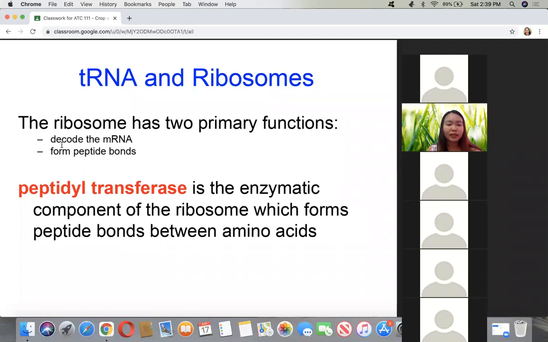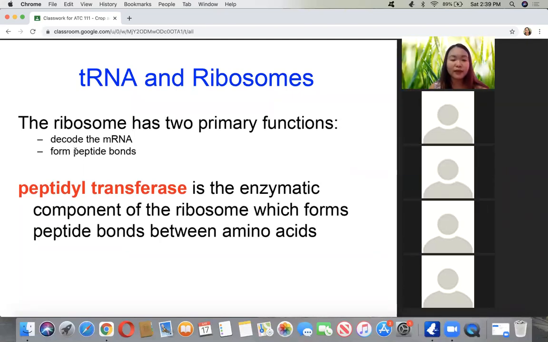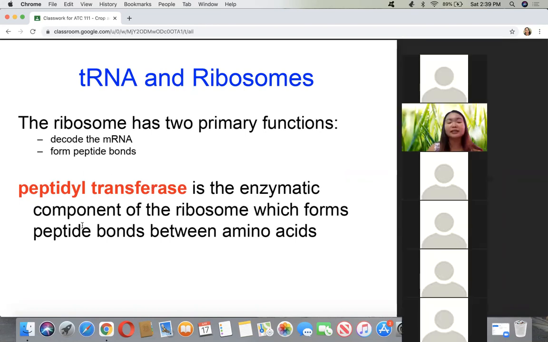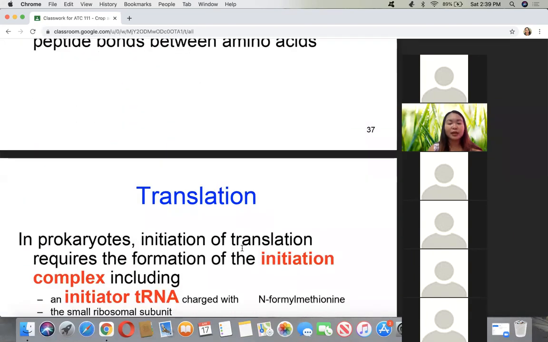So the ribosome has 2 main functions: it decodes the mRNA and also forms the peptide bond. Peptidyl transferase, as I have said, is an enzyme and also a component of the ribosome, which forms peptide bonds between the amino acids.